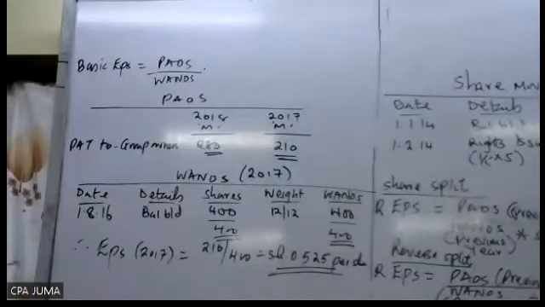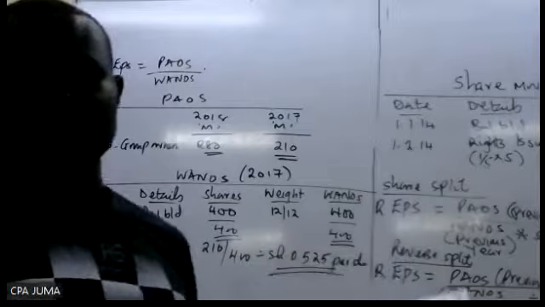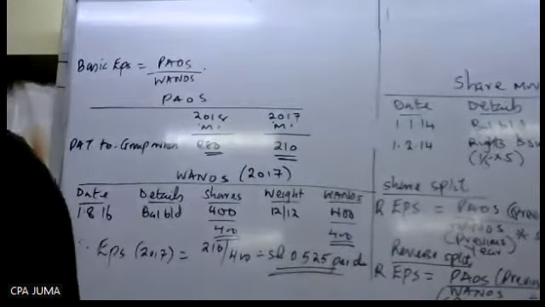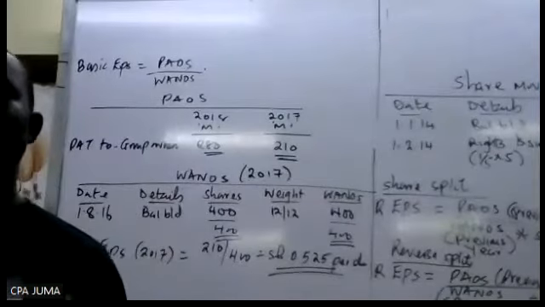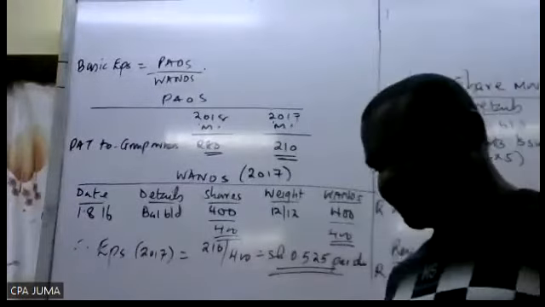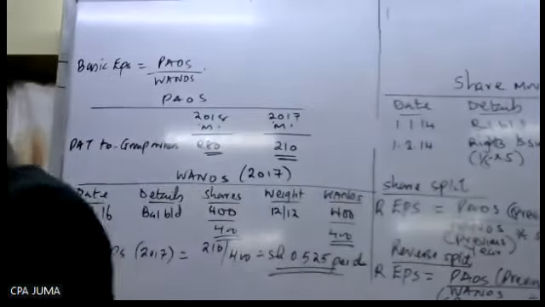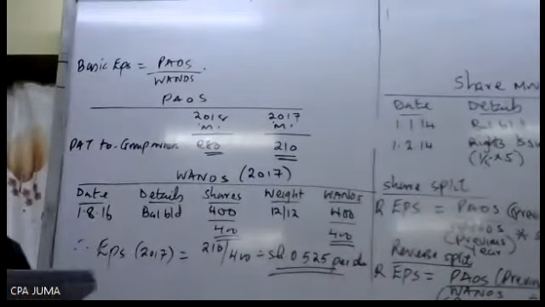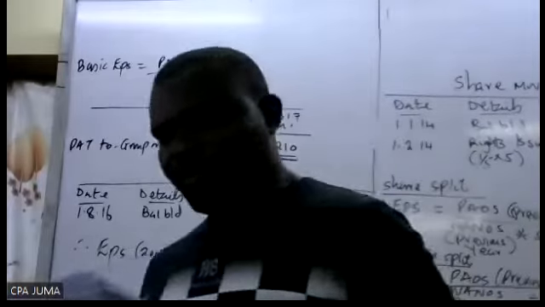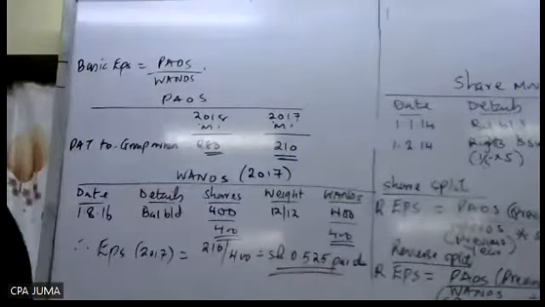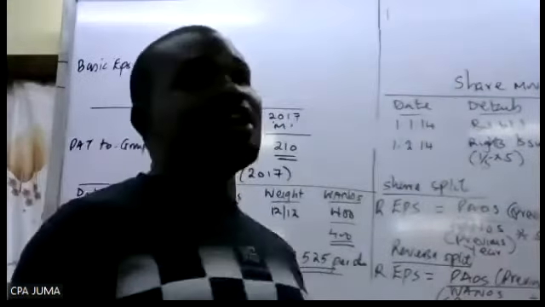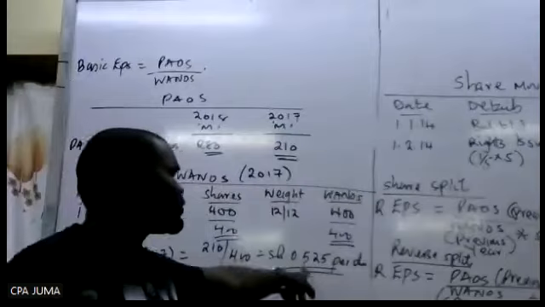I go to 2018. Should we subtract? We can't, because you see what they are saying. Look at note 4. They said profit after tax for the year attributable to owners of the group, but here it is the ordinary. And furthermore, 0.525.